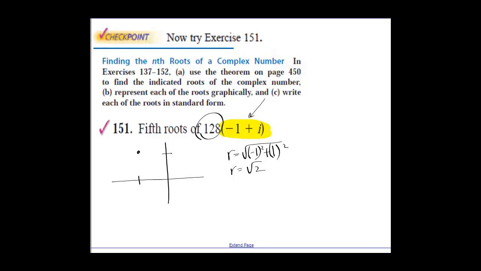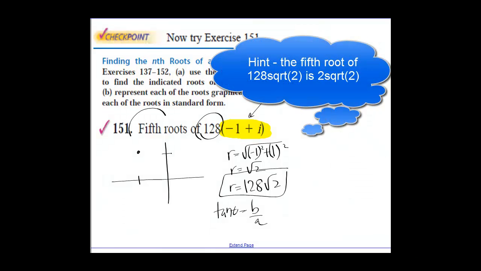But this 128 extends that magnitude, so really my R is 128 root 2. Make sure you find theta using b over a. And the fifth root means your n is going to be 5. Make sure you check your answer in the back of the book. Come back when you're done.